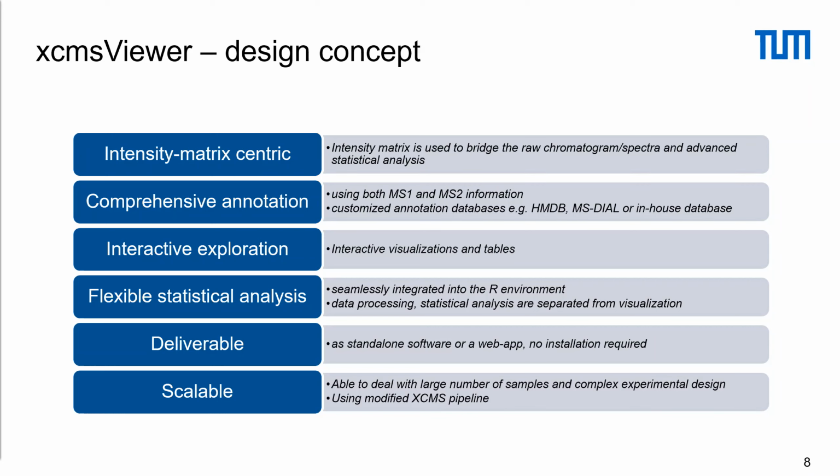We can achieve this by modifying the XCMS pipeline, by processing files individually first and then combining them together. By doing this, we can increase the sample size we can process, but don't increase the memory we require by much.